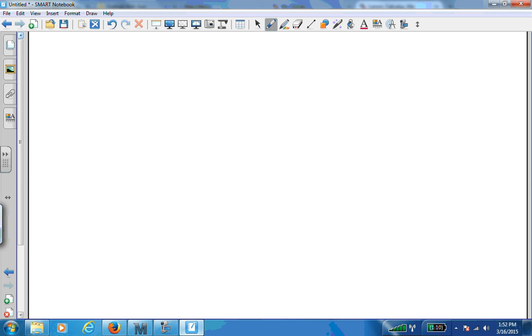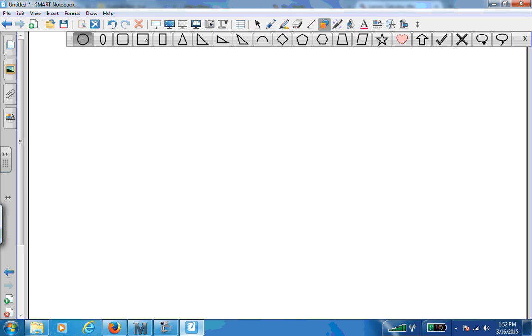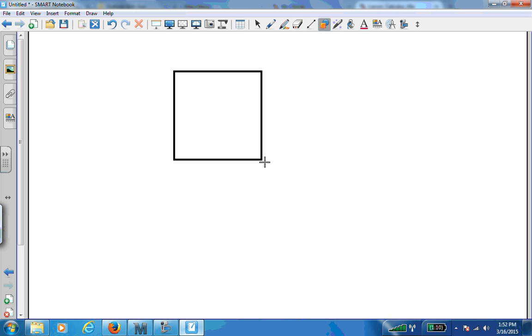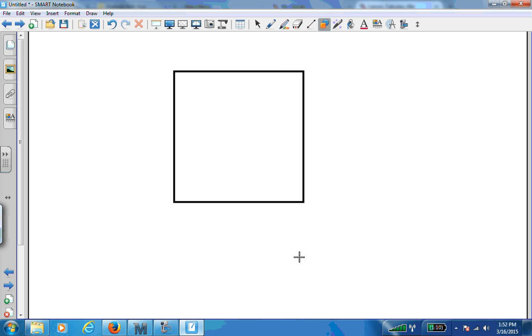So after doing several of those, let's look at a word problem. Let's suppose that we want to measure the side of a square, and let's call that side x.